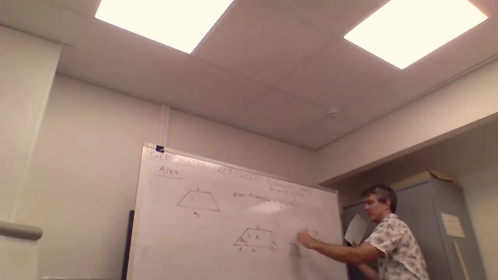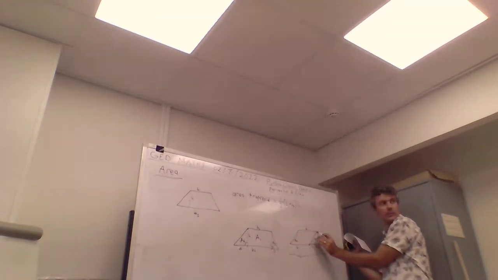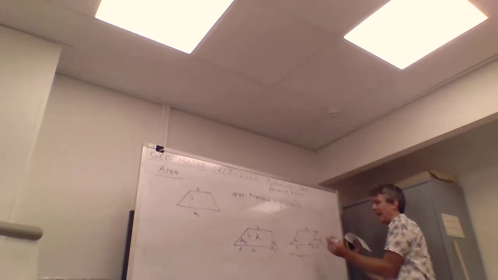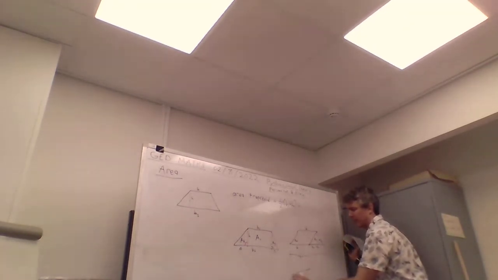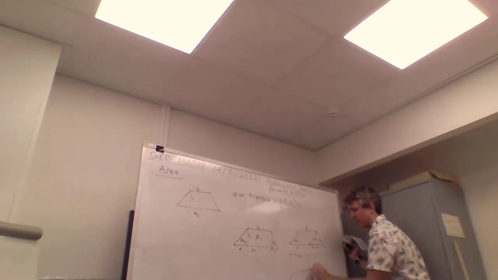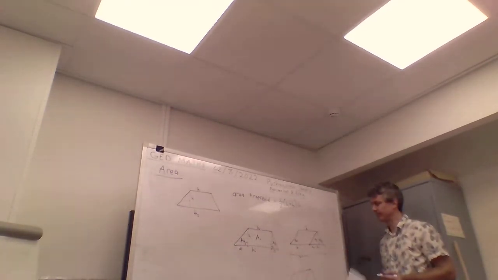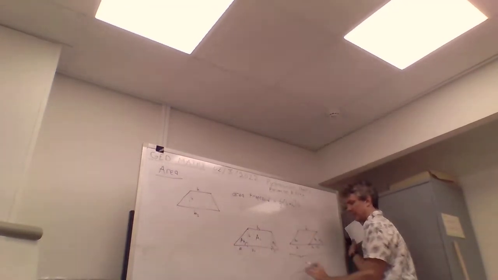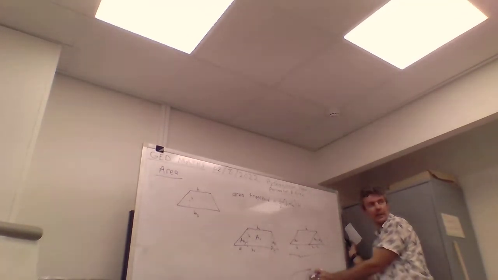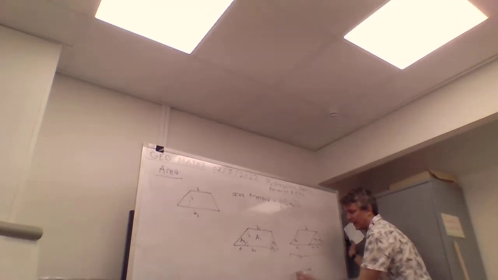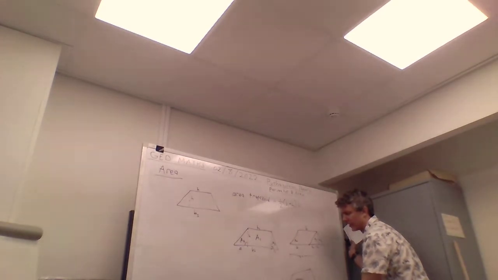This is A2. And I put A2 over here. Alright? So now what I have is a parallelogram and a triangle. Okay? And I'm saying this trapezoid is composed of a parallelogram and a triangle. Now the parallelogram I can get the area of, right?